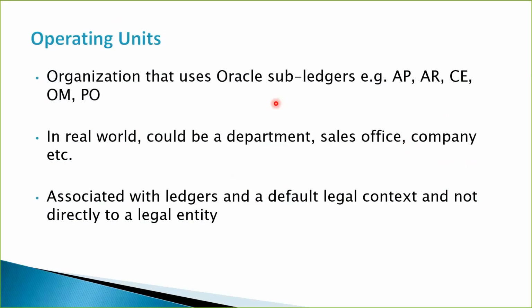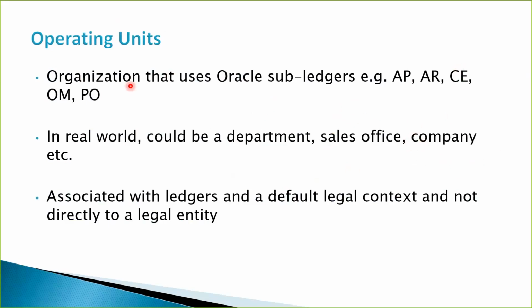But if a business is just based in one country, then in that case, an operating unit could represent just maybe a sales office in one state, or even a sales office in one part of the city and another sales office in another part of the city.